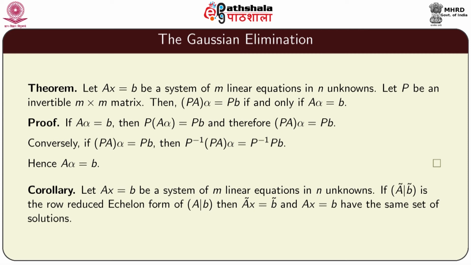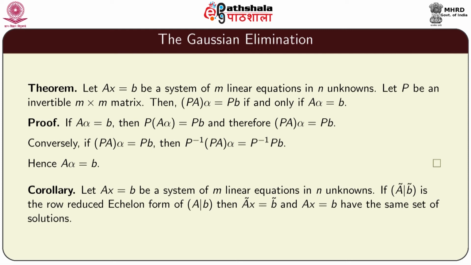So we start with a system of linear equations Ax equal to B. We look at the augmented matrix A stroke B. We row reduce it to the echelon form and we call it A tilde stroke B tilde. Therefore, we have a new system of equations A tilde x equal to B tilde.